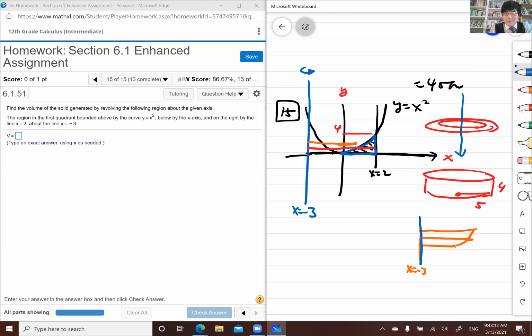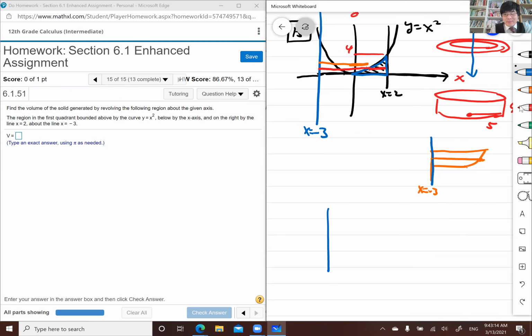So this is y equals x squared, and we want to know the horizontal distance from here to here.